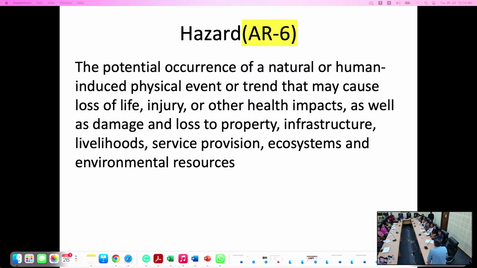Now, let me tell you, these definitions have evolved through at least 5 decades of time. At various points of time, international agencies like IPCC, like UNISDR and many other scientific groups have been defining these concepts differently, but the core meaning has remained the same. But then, like everything else, science always evolves and improves, right.